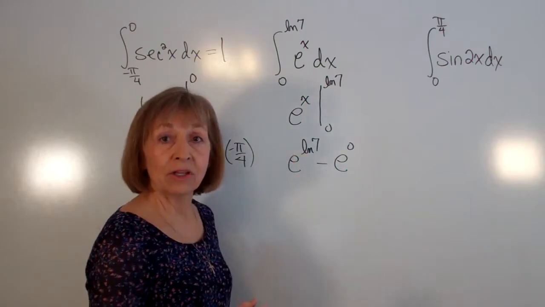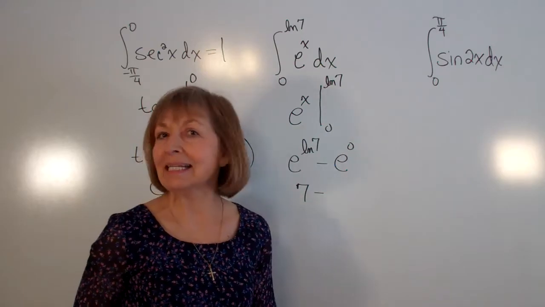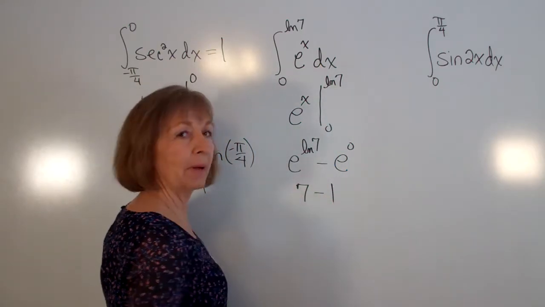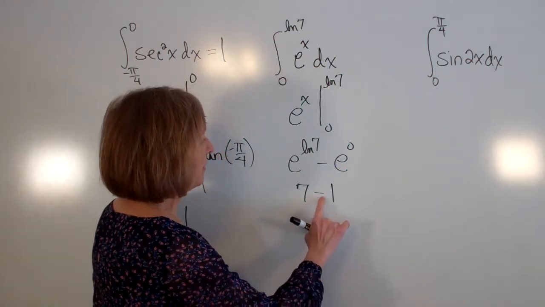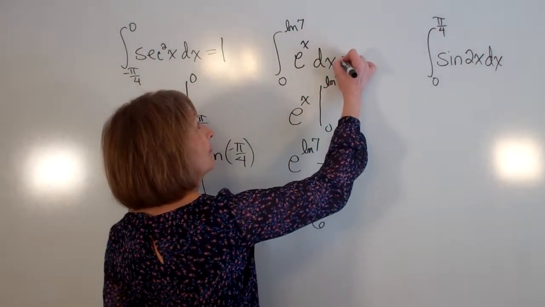So e to the natural log of 7 is just 7, minus e to the 0 is 1. Any non-zero number to the 0 power is 1. So then 7 subtract 1, I get a definite integral value of 6.